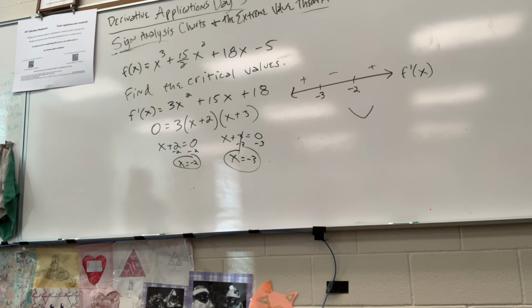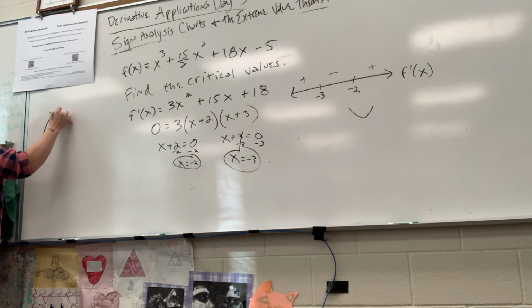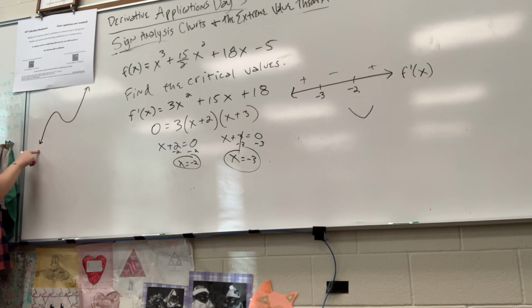I cannot treat it like a number. It has no absolute minimum, because it's a cubic. Cubic functions, where I don't restrict the domain, have no absolute minimum. It goes down forever, so it doesn't go back up. It has no absolute minimum.